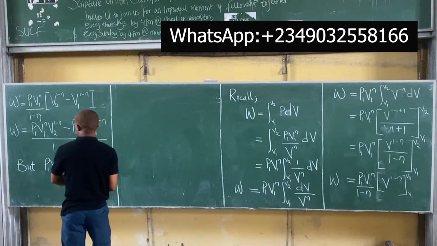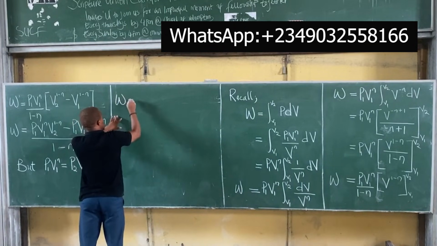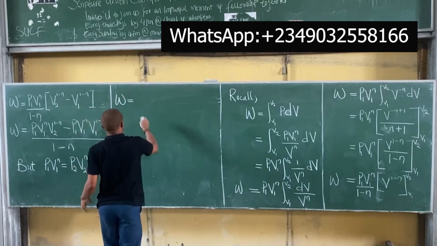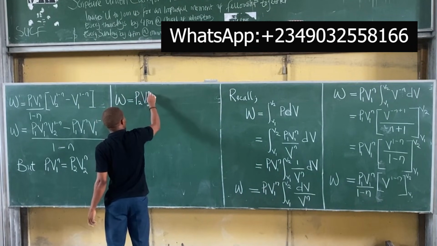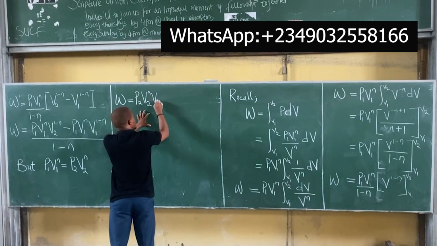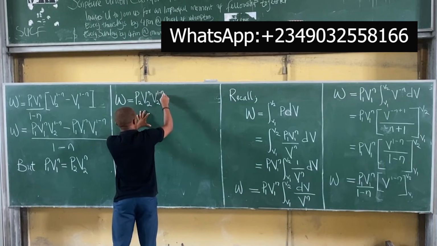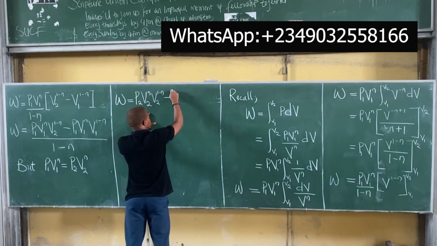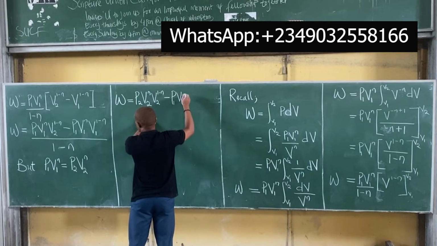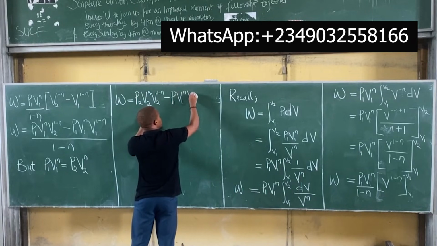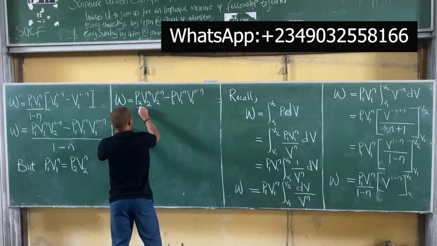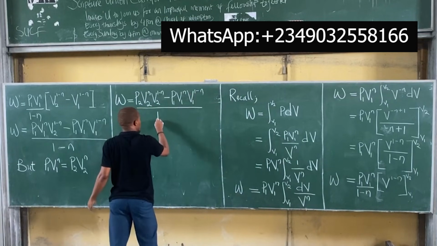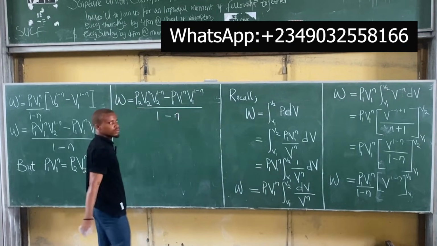We then have that W equals P2 V2^n V2^(1 minus n) minus P1 V1^n V1^(1 minus n), all divided by 1 minus n.